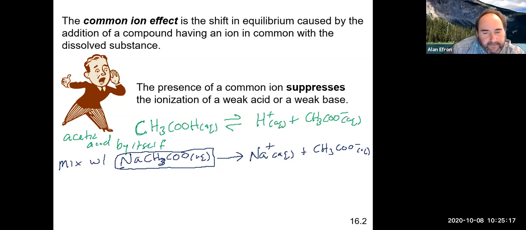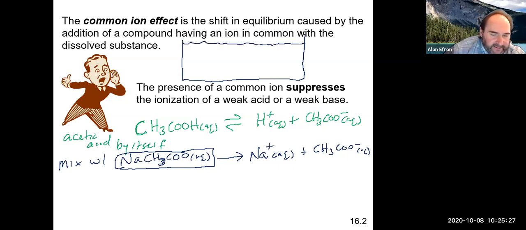Now, in the beaker, if you visualize it, I'll draw a very wide beaker here. When you dump both the acetic acid and the sodium acetate in, the only thing that's going to set up an equilibrium in that solution is the acetic acid.